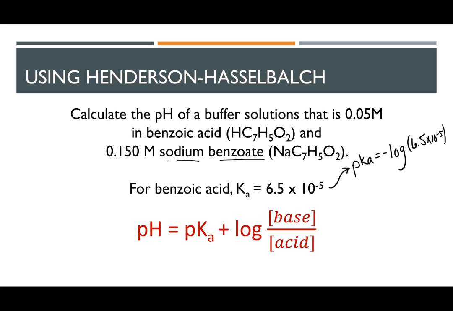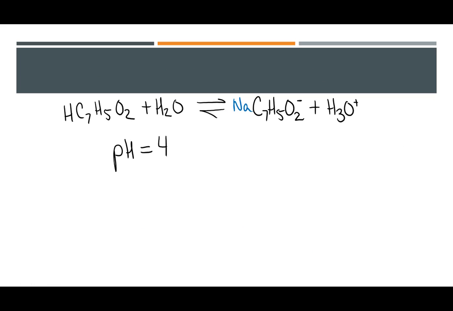So negative log of 6.5 times 10 to the negative fifth. So the pKa, 4.19, we'll say. So 4.19 plus the log of base over acid.